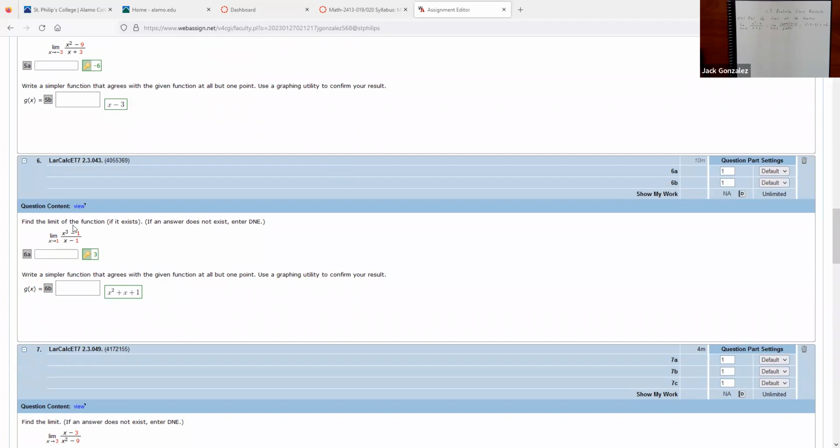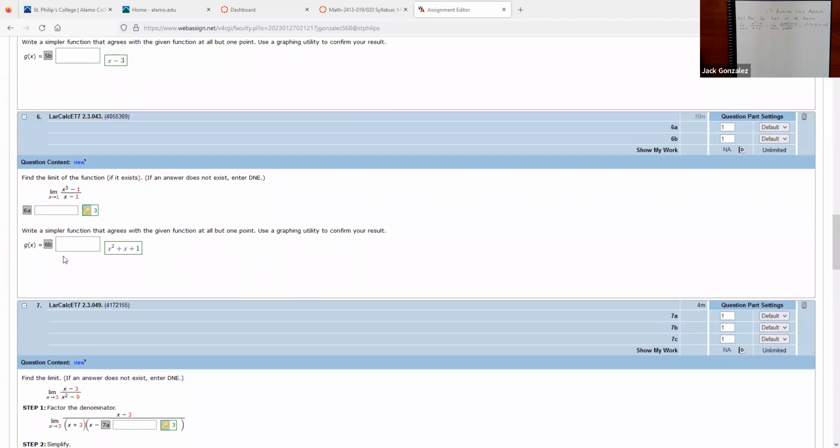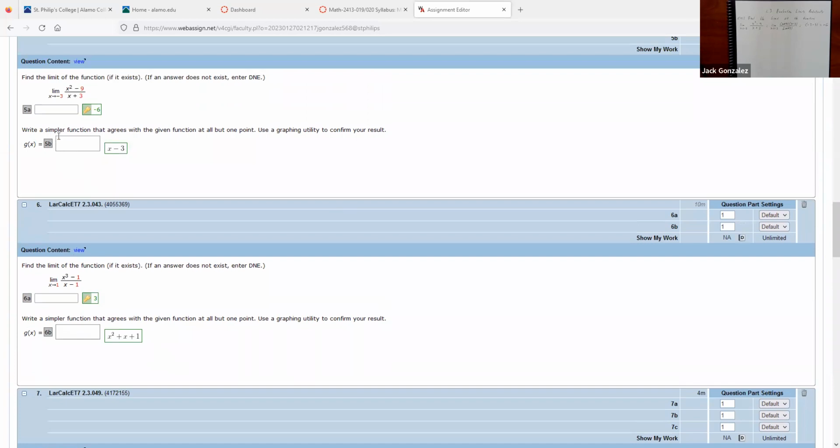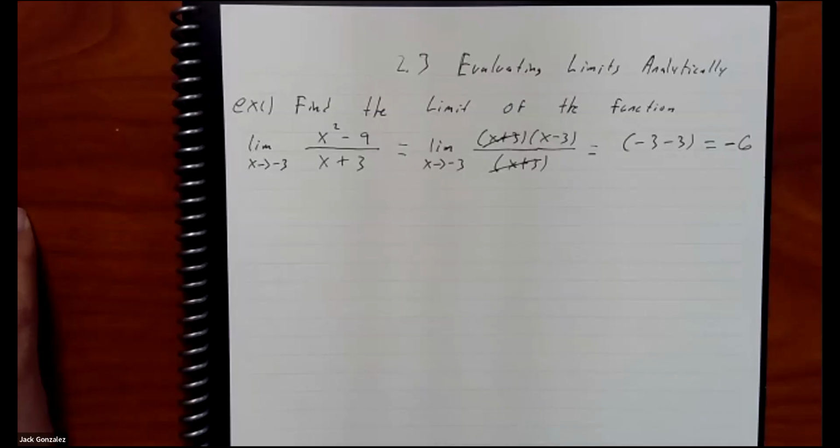Number 6, then we'll move on, is the same deal, except it's a difference of cubes. So you would factor this using the cube formula, canceling the x minus 1, and then you plug in the 1, x approaching 1. This bottom part, see as a simpler function, that's what's left over here when we cancel the x minus 3.